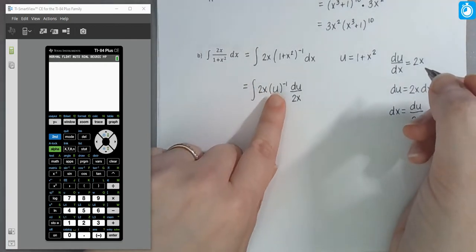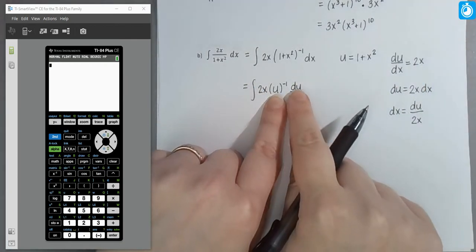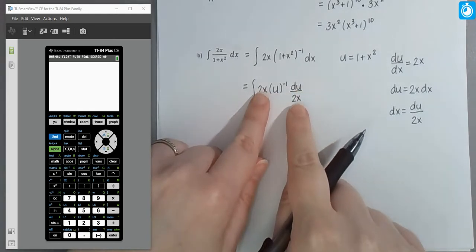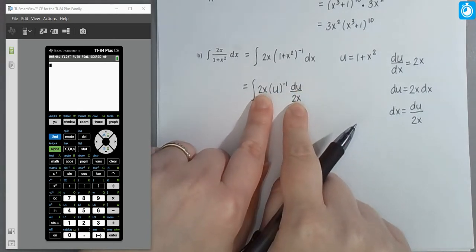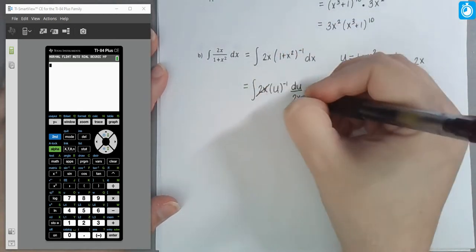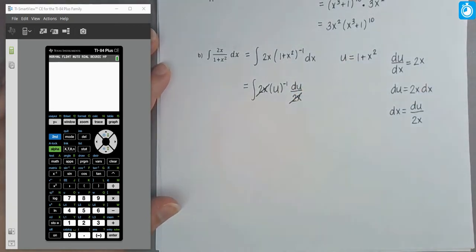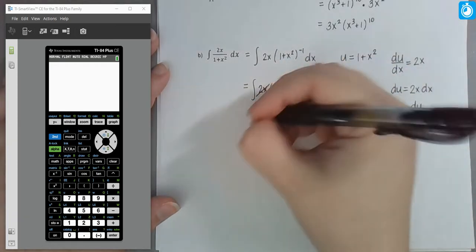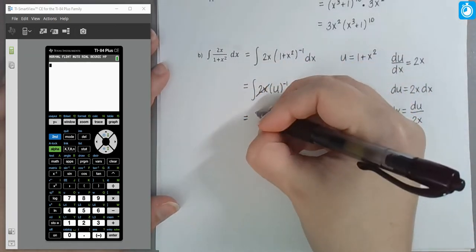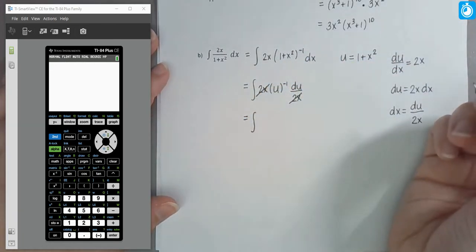Okay, so we have our new function in terms of u, we have the correct differential. Based on the relationships we see in this problem, the remaining factor involving the variable we wanted to replace cancels out, and so we're just left with u to the negative 1 du.